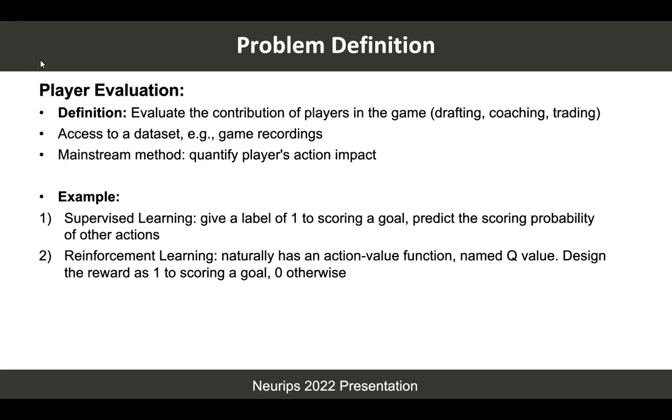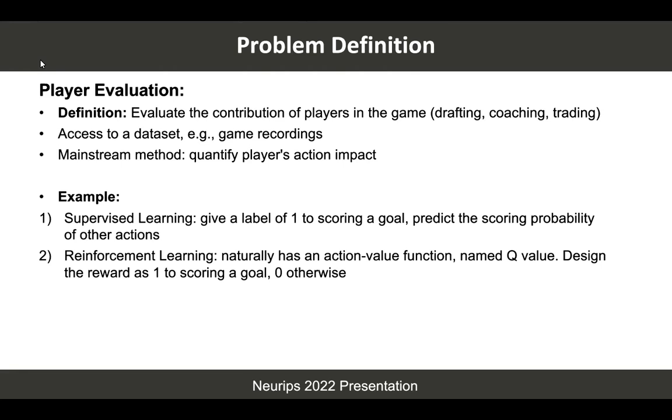When it comes to reinforcement learning, it's very good because we naturally have an action value function, which is named the Q value. With the help of this action value function, we get the action impact. So we can directly use the Q value to evaluate players' actions.